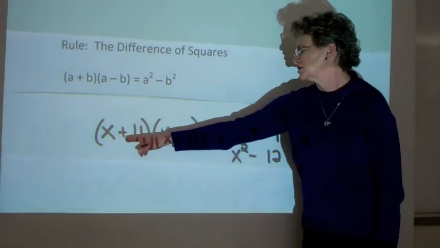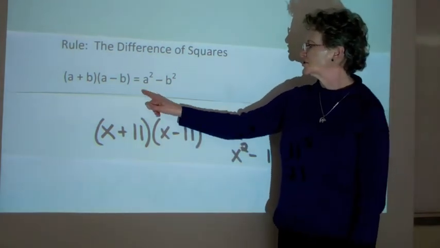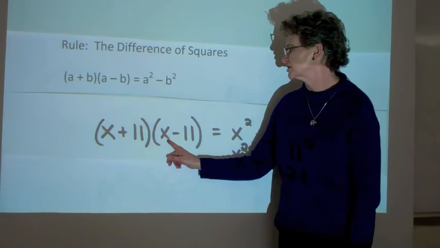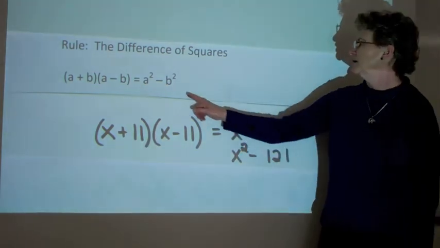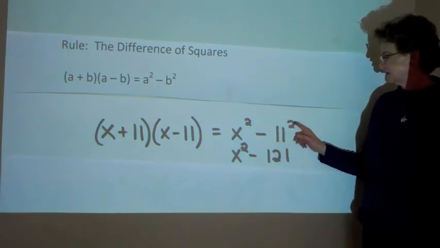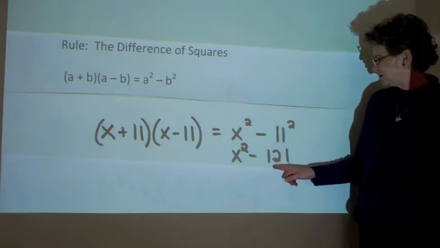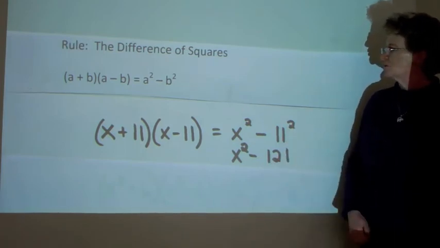If I had x plus 11 times x minus 11, my rule says I square the first term, so the first terms are x's, so x squared. And then I subtract the square of the second term, that's 11, so I subtract 11 squared. Simplified, I get x squared minus 121.